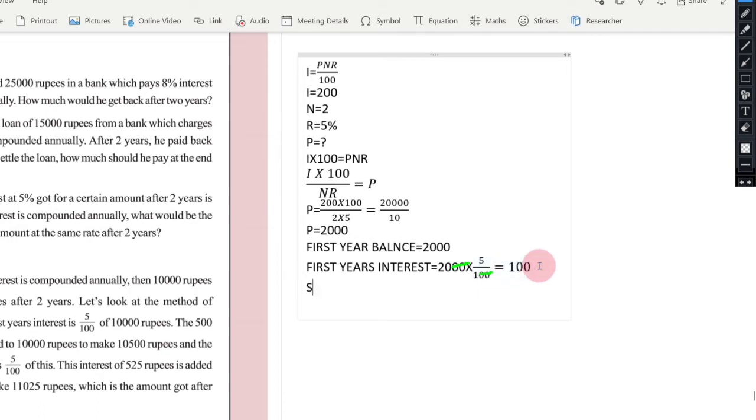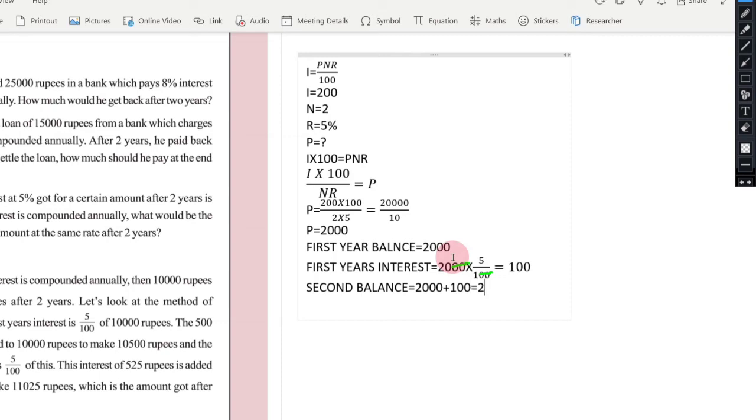Then what will be the second year balance? Second year balance is first year balance plus first year interest. First year balance is 2,000 and first year interest is 100 rupees, so a total of 2,100.